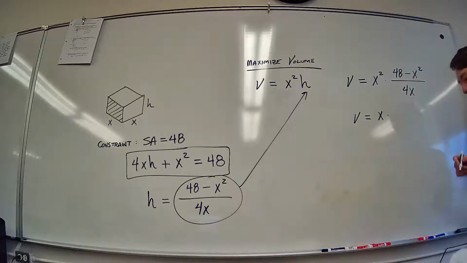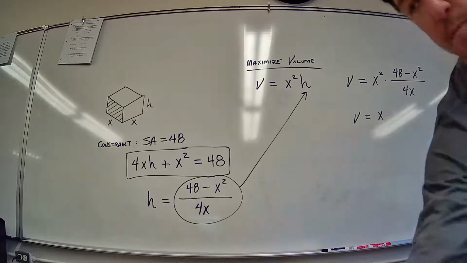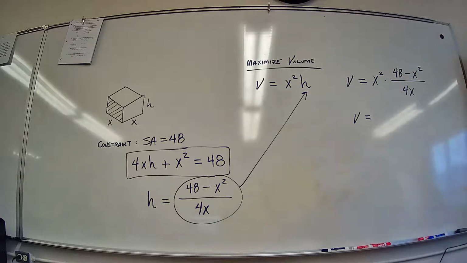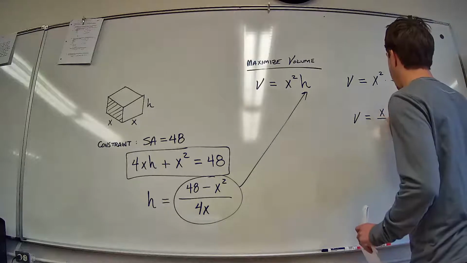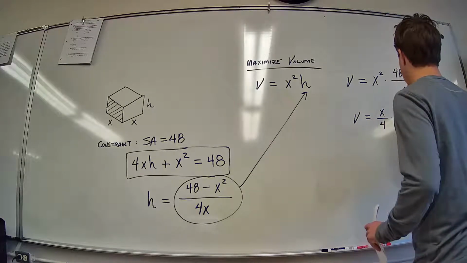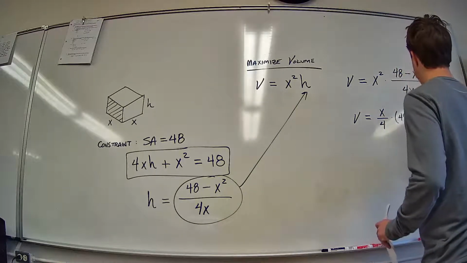Or actually, you know what might be a nicer way to write it would be to think of this x squared over 4x as just being x over 4. Stop me if that's confusing.